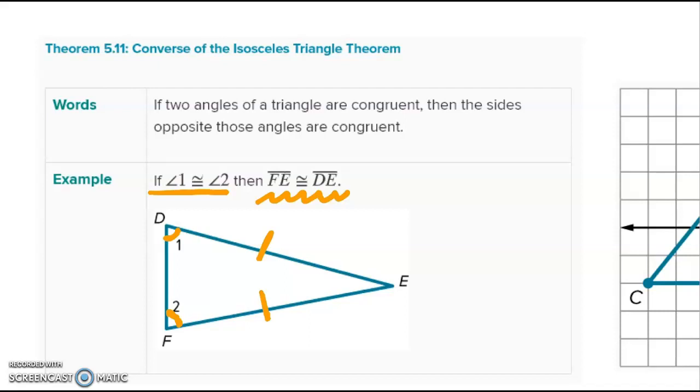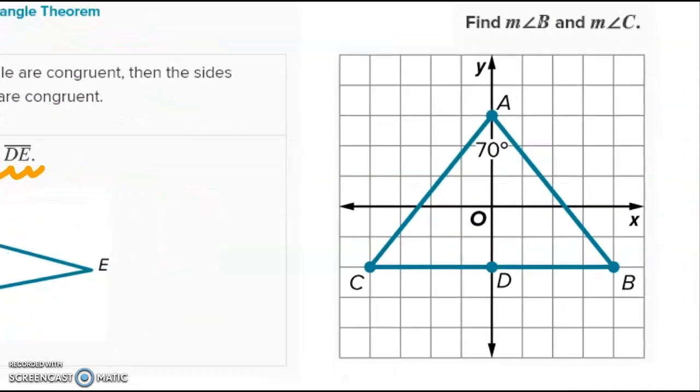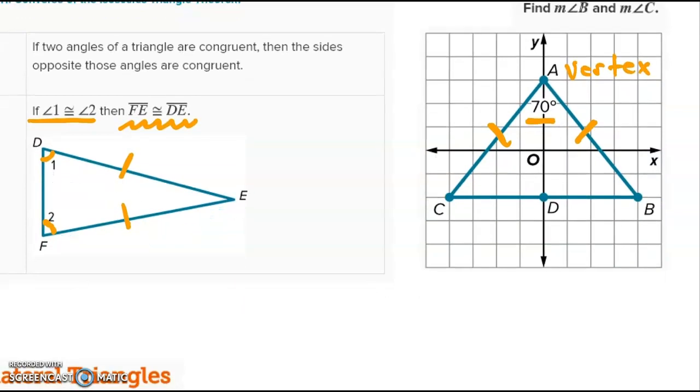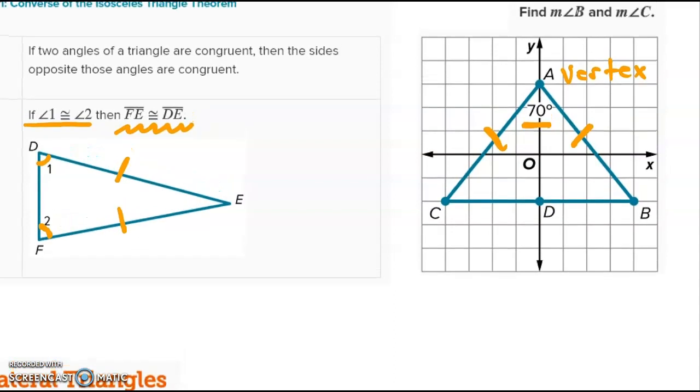A lot of your problems are going to be pretty straightforward. If you're given a triangle with two sides congruent, and the vertex angle is given to you as 70 degrees, well, like we talked about yesterday, all triangles have interior angles that add up to 180 degrees.